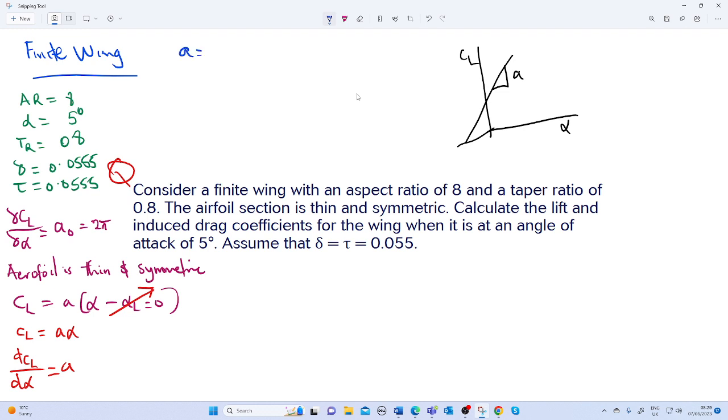A is known to be A0 over 1 plus A0 over pi aspect ratio, times 1 plus tau. Let's put in all the values. We know that our A0, from the reference here, equals 2 pi.